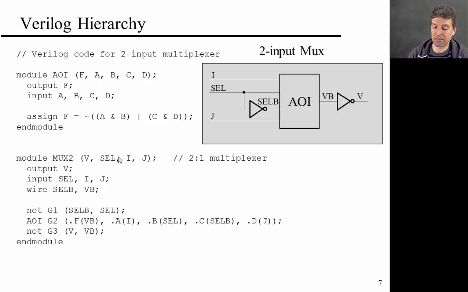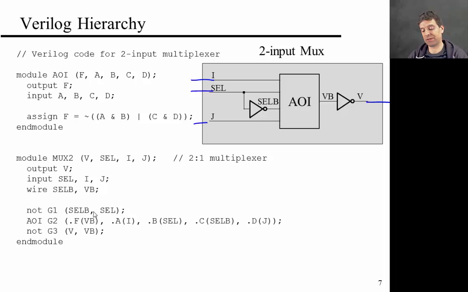Just to clarify, input, select, and J are external connections to the external world, and then these wires, select B and VB, are essentially internal to this module. Then just looking at this structure, you can see how this 2-input MUX is built.